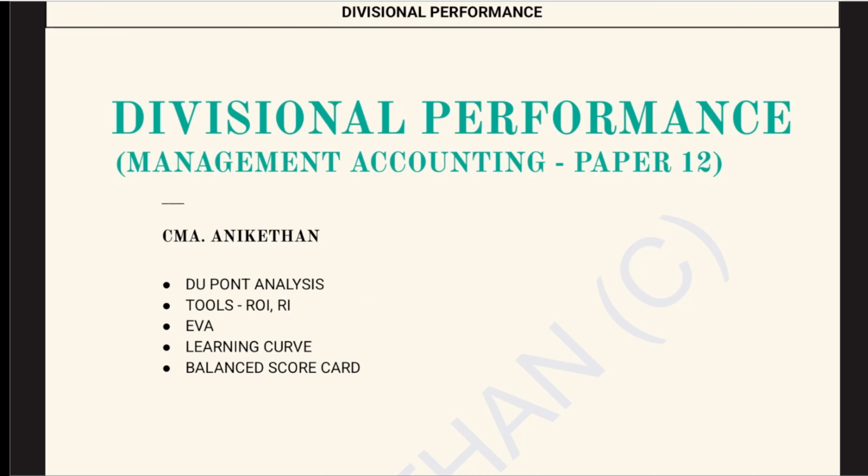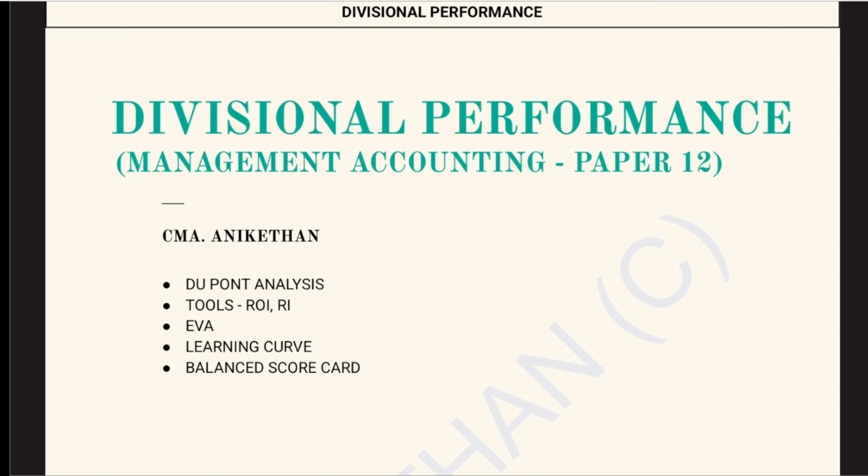So all these are different way of computing the performance. Then you have EVA, which is short form for economic value added. And the learning curve, this can be not an analysis type of thing. This can be more of a computation. Then you have balance scorecard.